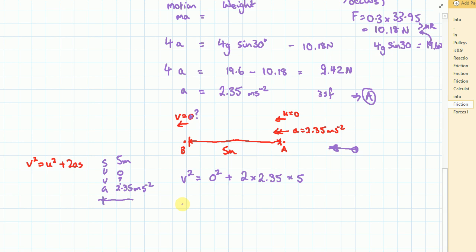Do show the 0 to show that you know the initial velocity is nothing. Multiplied by 2, multiplied by 5, it's 23.5. So V is the square root of 23.5, which is 4.85 meters per second, and I would expect the answer to be given to 3 significant figures.